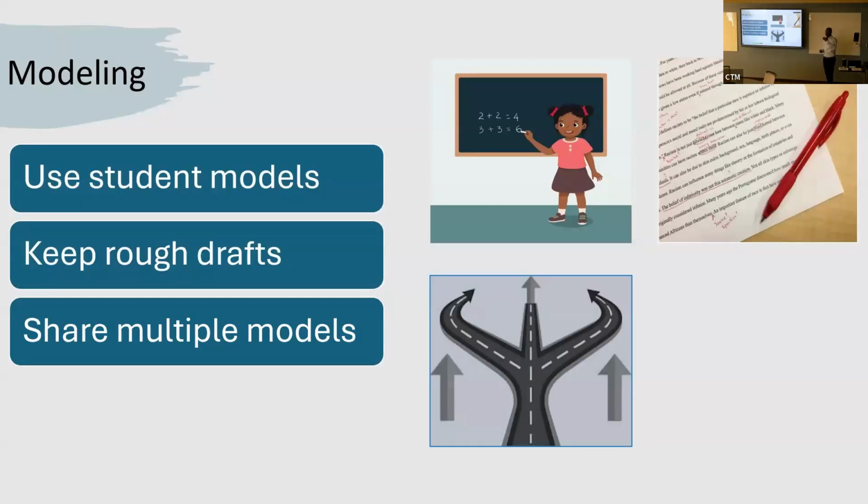We want students to have that flexibility to express themselves, right? So we show multiple examples, multiple models, so that the students can pick and choose or even build their own example based off of the very good and excellent examples that we show them.